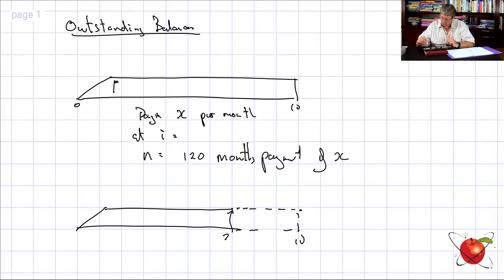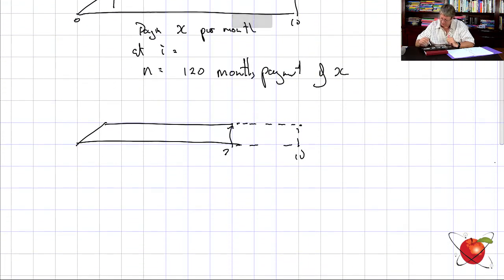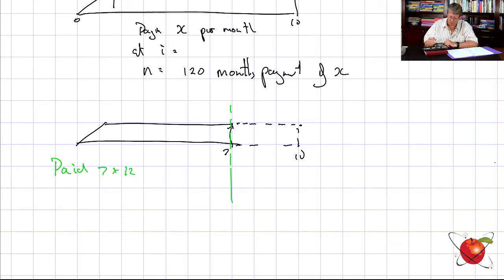Well, let's just wind this up a wee bit here. So this is already paid on the green side. Let's keep it as green. We have paid 7 times 12 payments. We have paid 84 payments of X. But on the blue side, we need to pay how many more?